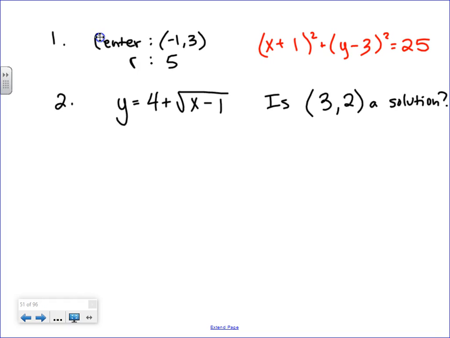x and y, right? Oh, okay, I get it. 2 equals 4 plus the square root. No, it doesn't work out.